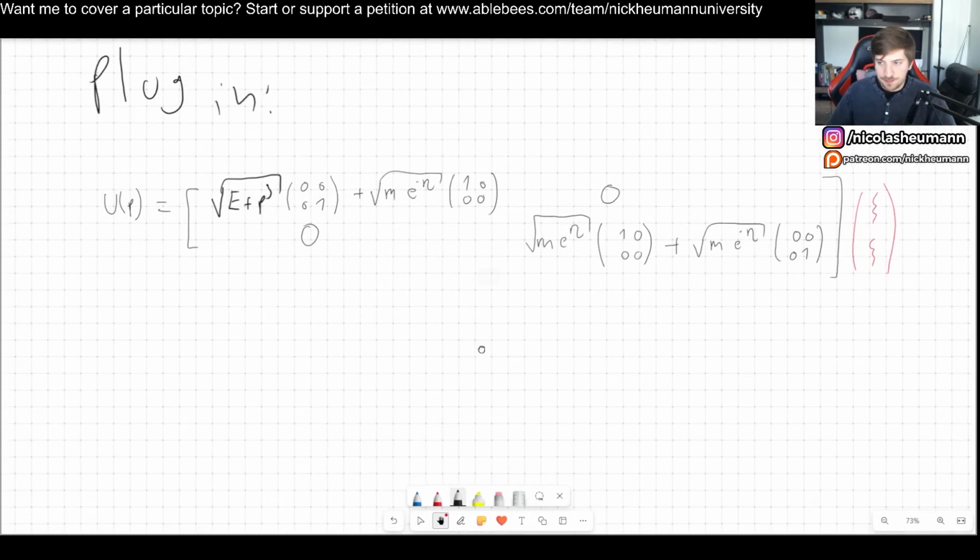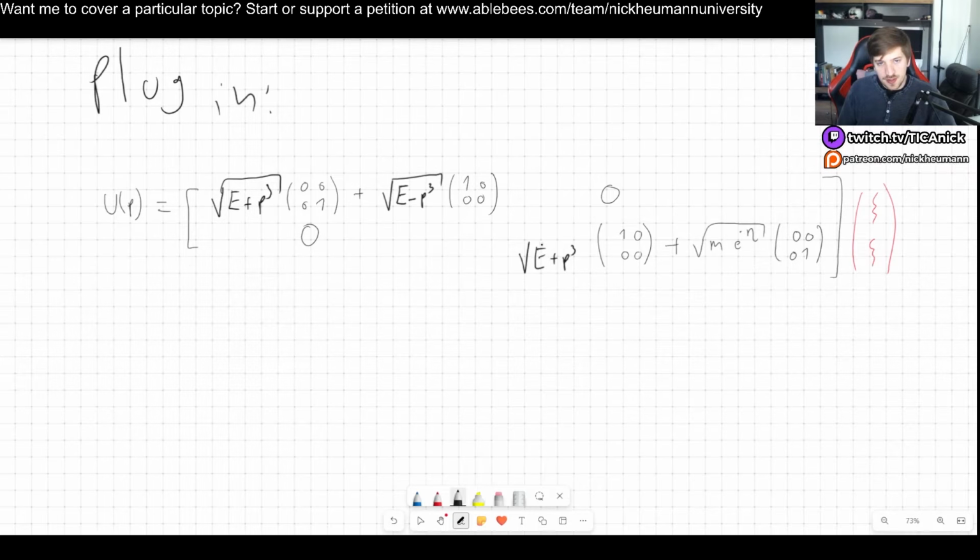Yeah, that way. This thing here is with a positive, so square root of E plus P3. And this thing here is with a negative, so that would be square root of E minus P3.